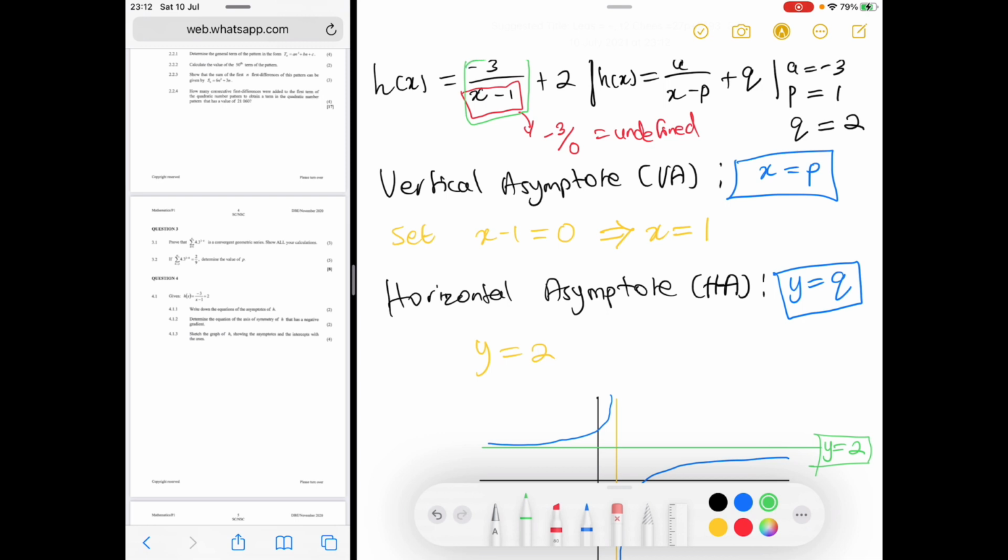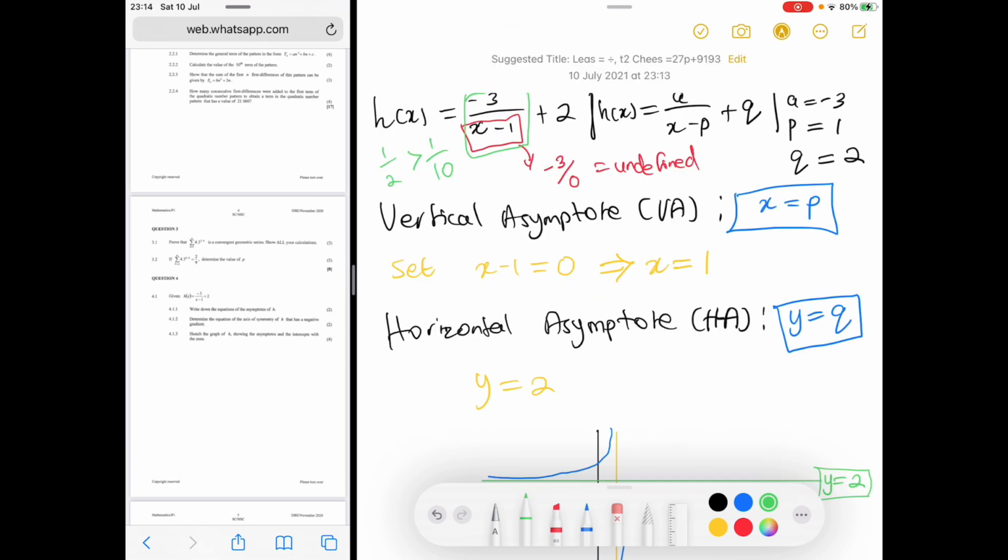When you divide by a big number, the fraction becomes smaller. When you have 1 over 2, that's 0.5, compared to 1 over 10, that's 0.1. 1 over 2 is greater than 1 over 10 because 10 is bigger than 2, so the fraction will be smaller.